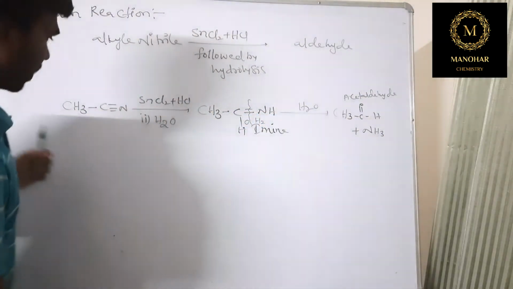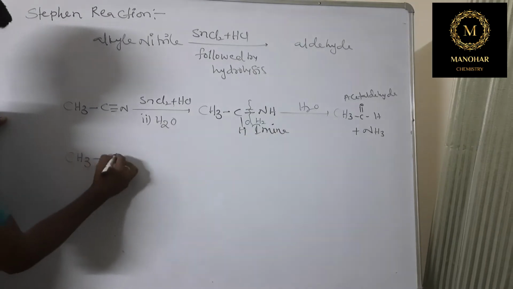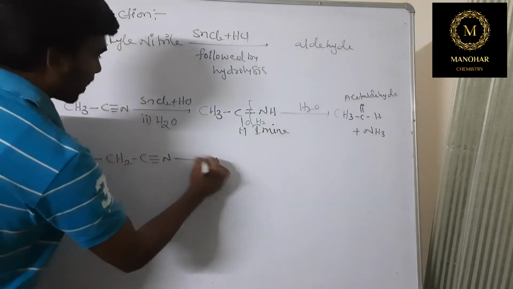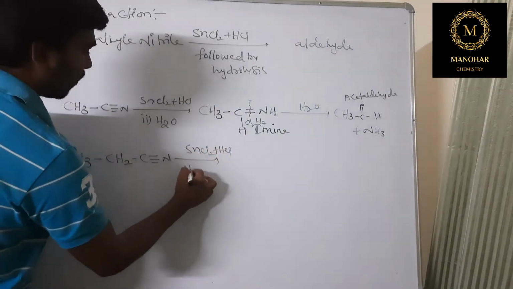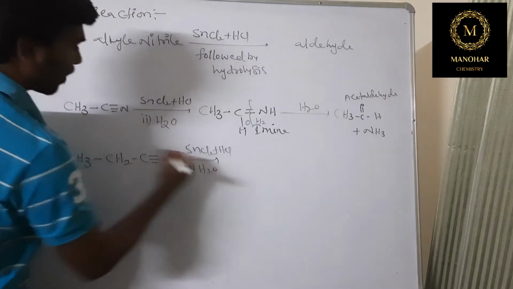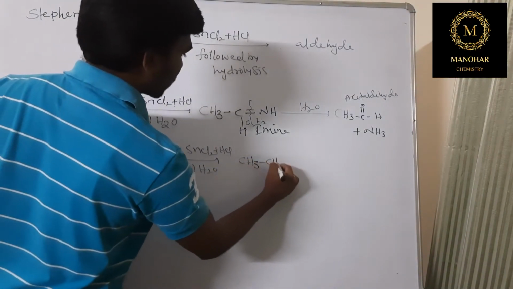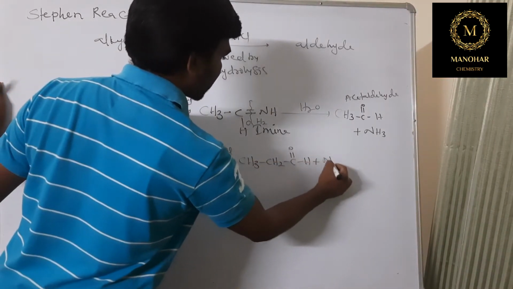Take one more example, ethane nitrile for example, ethyl cyanide we can take, CH3 CH2 CN, C triple bond N. When I am taking SnCl2 and HCl, followed by hydrolysis, water I am taking, in such case it will form CH3 CH2 C double bond OH, plus NH3 it will form.